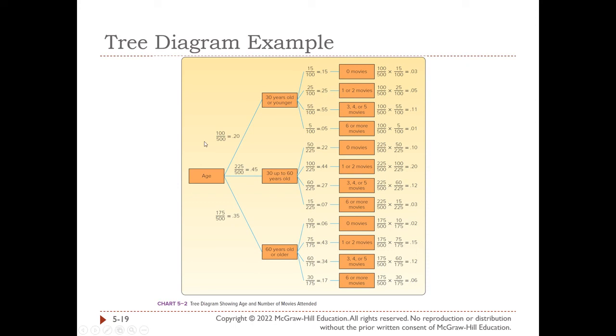Now, again, this is just the probability of each of these items. Since we only had 100 adults being 30 years old or younger, that's our number here when we can calculate the probability of these. And then they have the order of multiplication, and so forth.